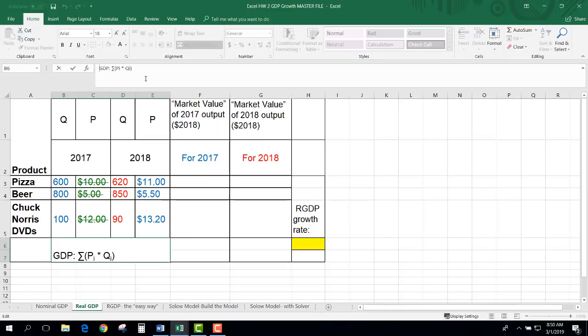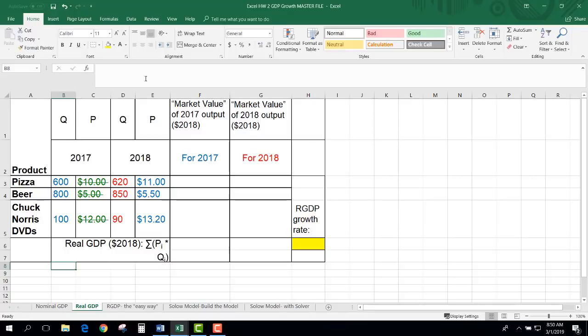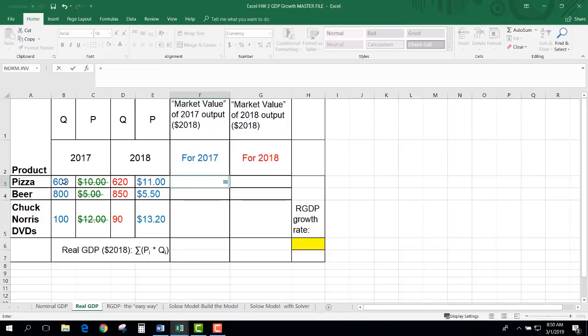Actually, let me type that in here too. Real GDP in 2018 dollars. That means we're using 2018's prices for every calculation. Okay, so for 2017, I'm using 2017's quantity and 2018's price, 600 times 11.